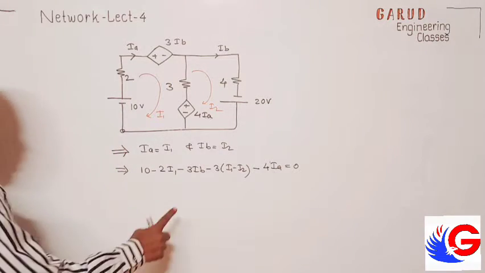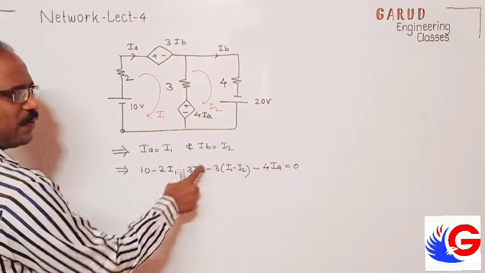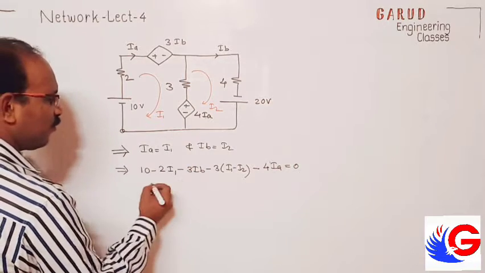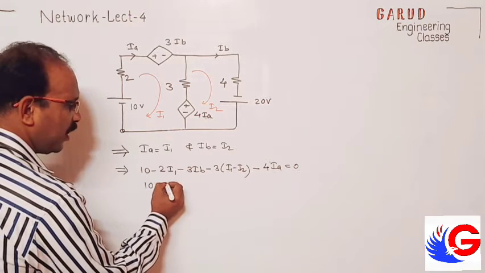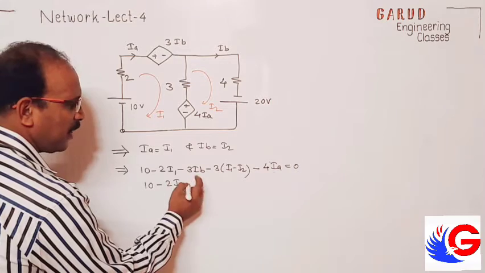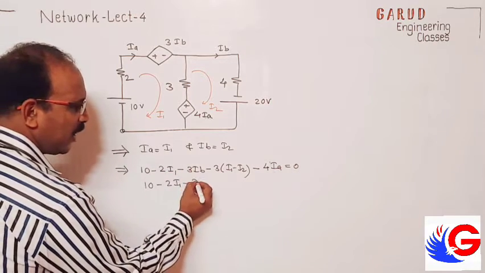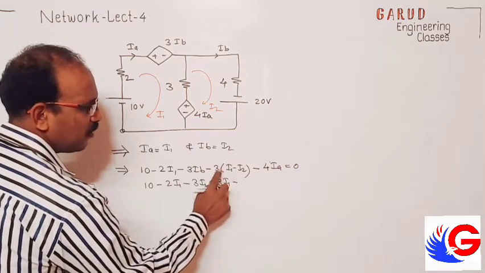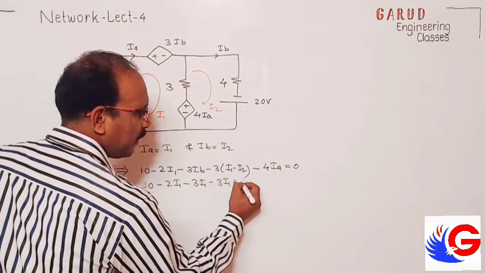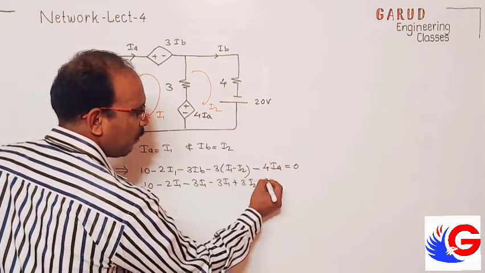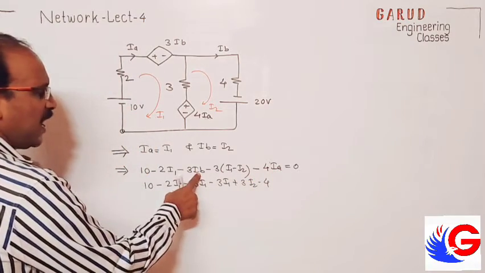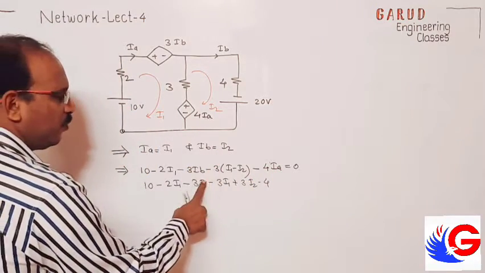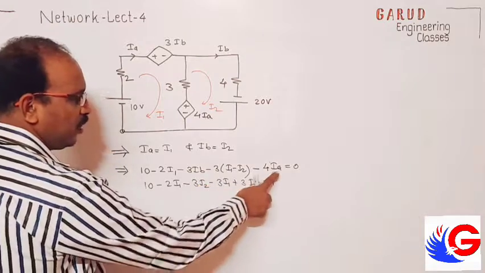Now, what to do? We have to express this IA and IB here. We have to put this here. So, 10 minus 2I1 minus 3I1 minus 3I1, solve this, plus 3I2 minus 4. Here is IB, na? IB is I2. Here is IA.